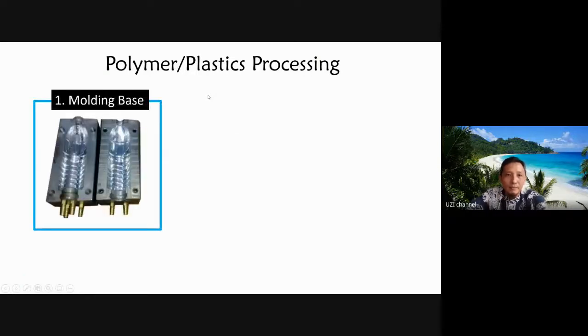Okay, for polymer or plastic processing, we can divide it into two big classifications. Molding base means the process uses molding to form the final polymer product.